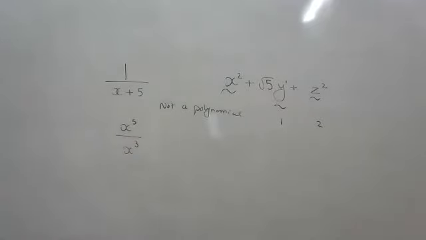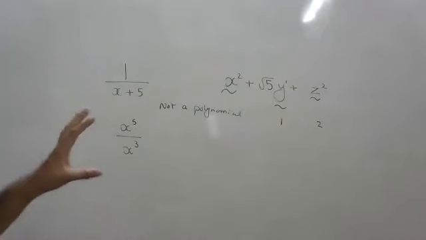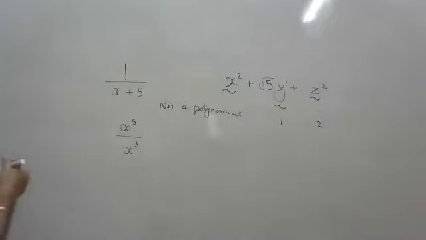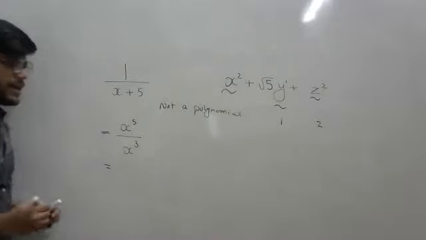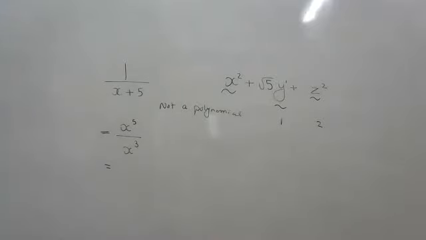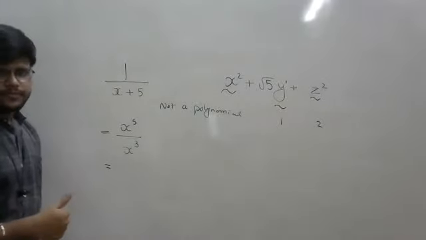What do you think? Is this a polynomial? Think. First, try to simplify it and then apply your concept. If we simplify this, x raised to 5 upon x raised to 3. Yes, it is a polynomial.